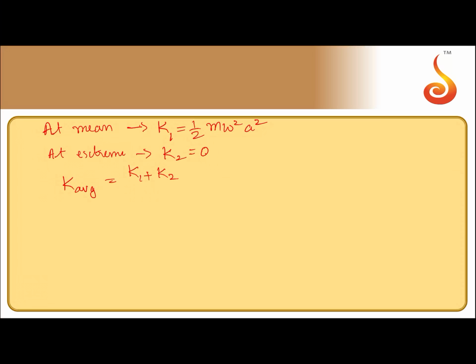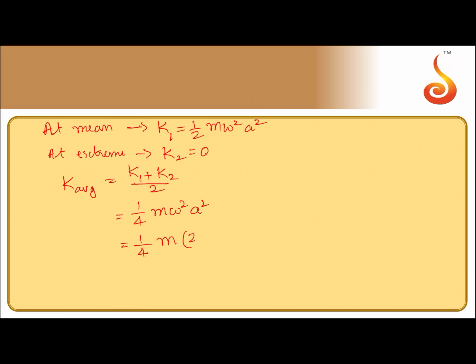So average kinetic energy should be k1 plus k2 divided by 2. So that will be equal to 1 by 4 m omega square a square. But this option is not there. Let us substitute for omega. Omega is 2 pi times the frequency, nu here.